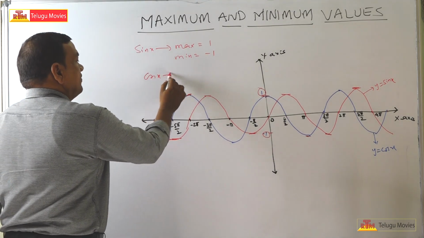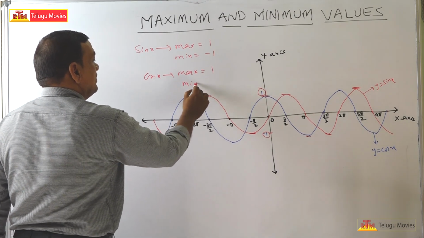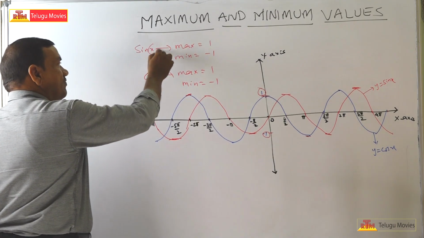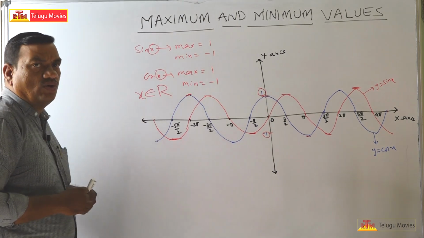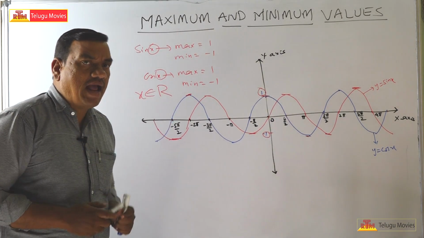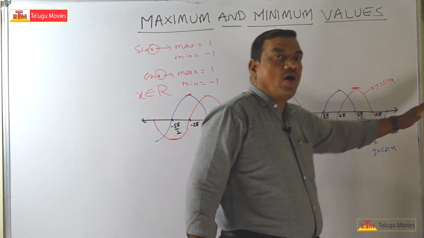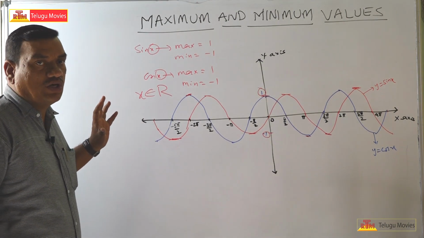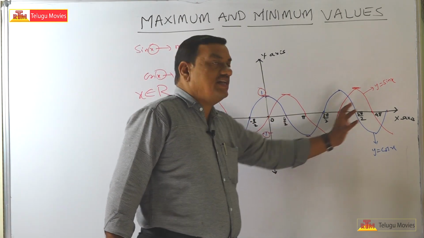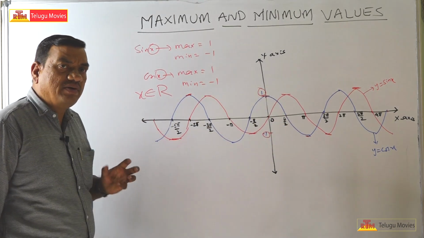For the cos x function, the maximum value is 1 and the minimum value is minus 1, where x belongs to the set of real numbers. Whatever value you take, whether x increases or decreases, here x is the domain.